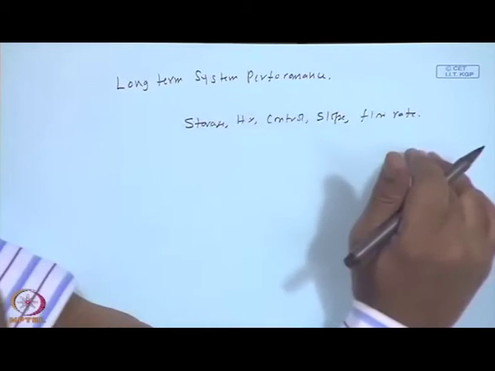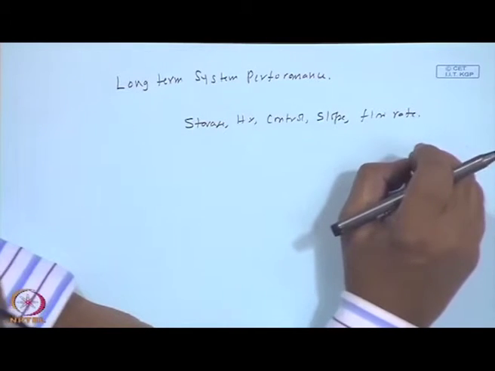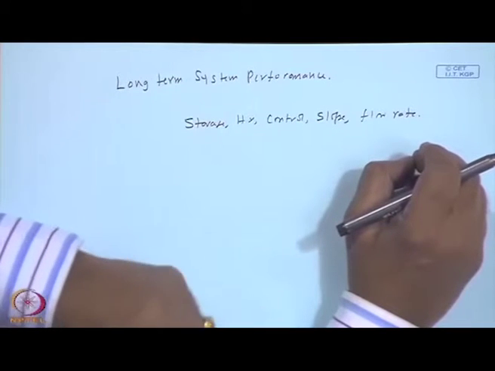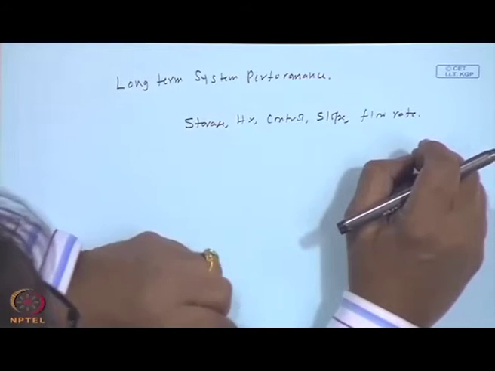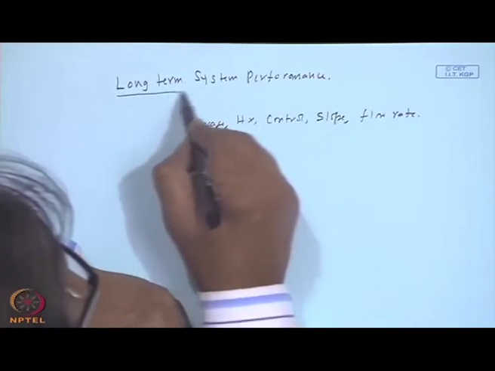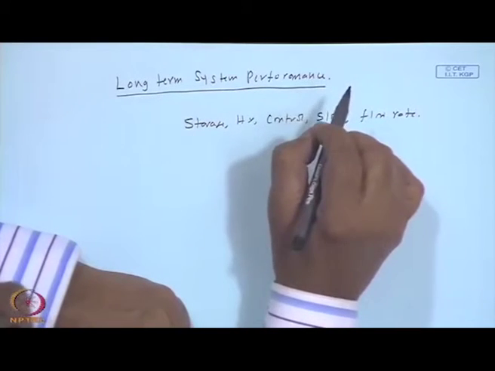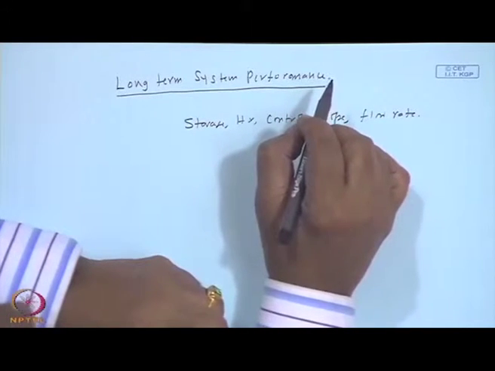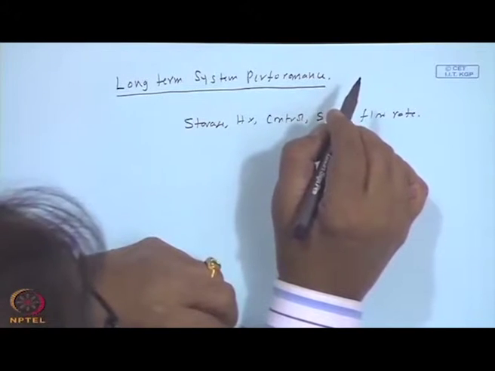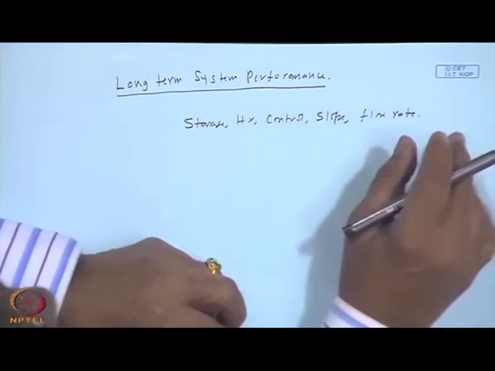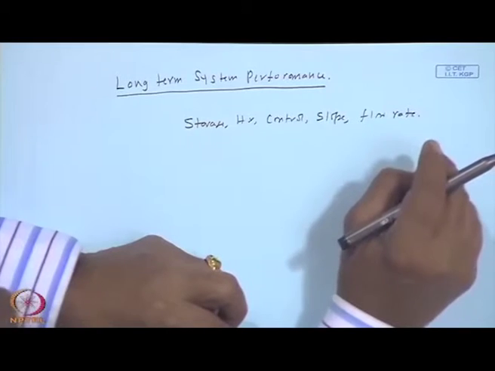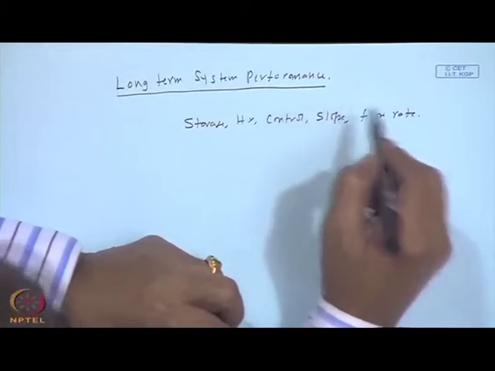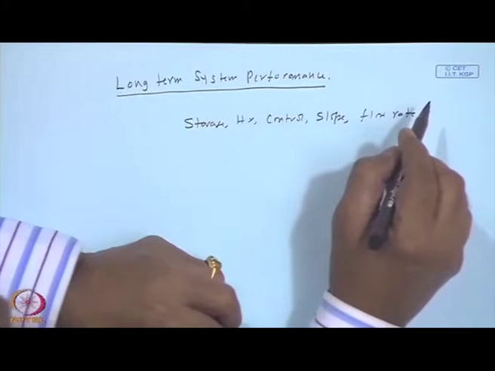So, there are so many variables on which your effective system performance is going to depend, and we said that a single efficiency determined is indicative of the performance of the solar collector, but its effectiveness in meeting the load will depend upon not only the climatological data, but also the load itself.